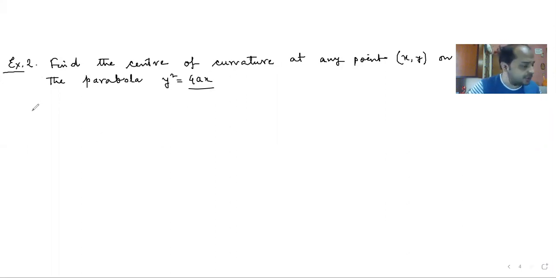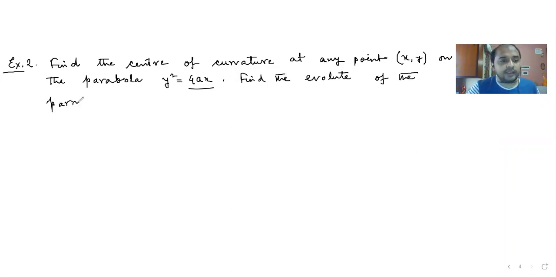So this is another question I'm giving, and it has another part. Just similar to the previous one, find the evolute of the parabola y squared is equal to 4ax.